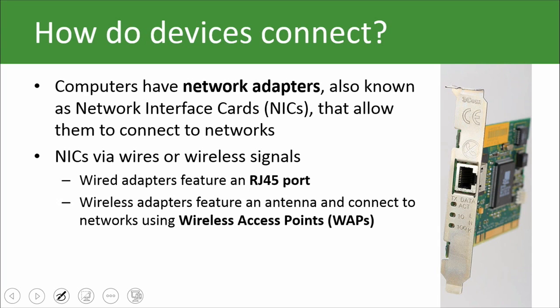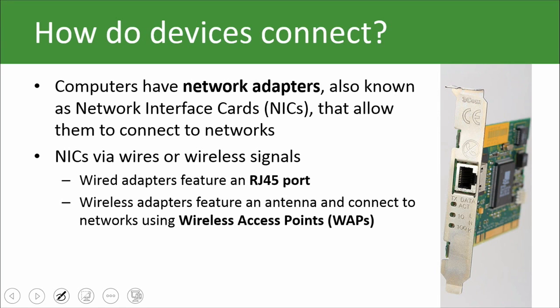All of these devices connect to each other via network adapters, right? Network adapters are also known as network interface cards, and these are the pieces of equipment that make it possible for computers and even our cell phones to communicate with each other. NICs communicate via wires or wireless signals.